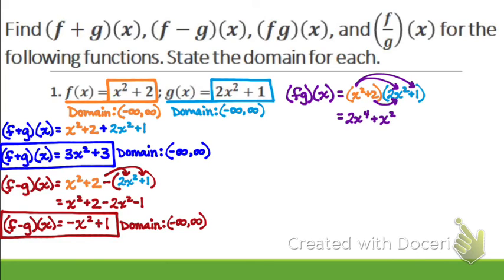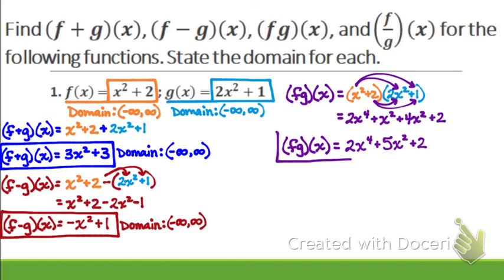I have to distribute my 2. 2 times 2x squared? 4x squared. And 2 times 1? 2. What do I get when I combine my like terms together? 2x to the 4th plus 5x squared plus 2. And our domain. Negative infinity to positive infinity.